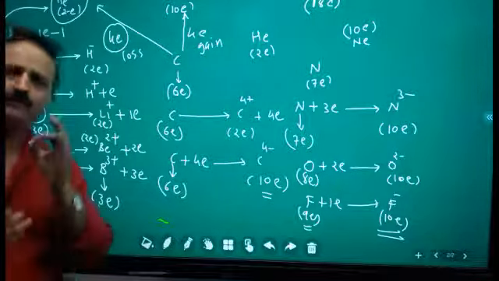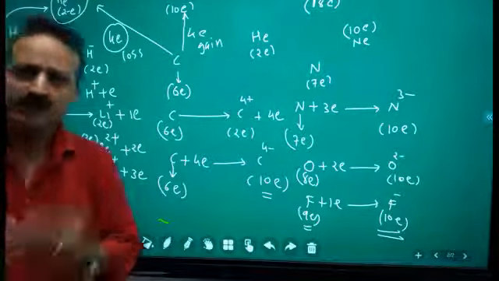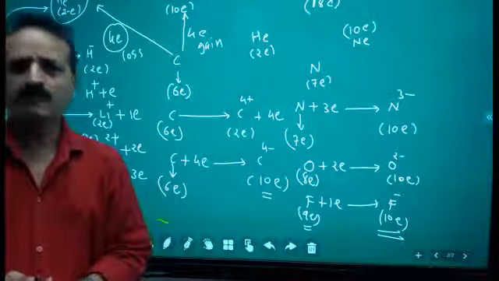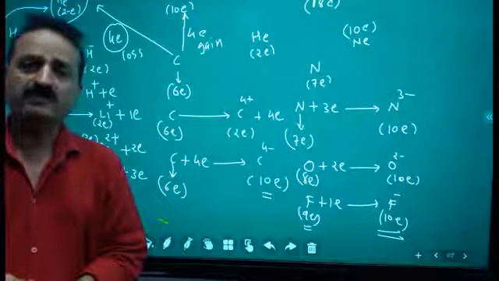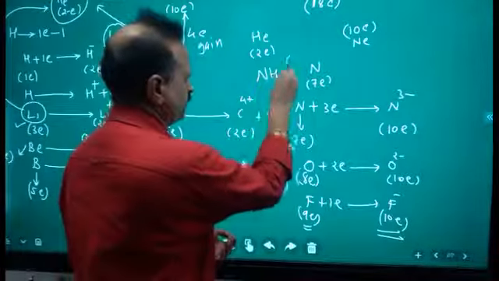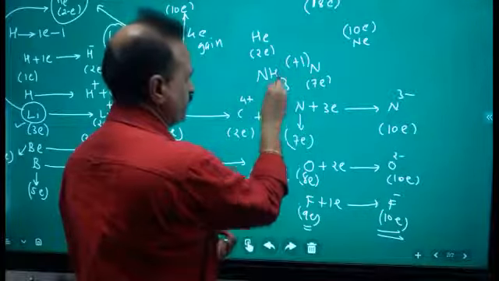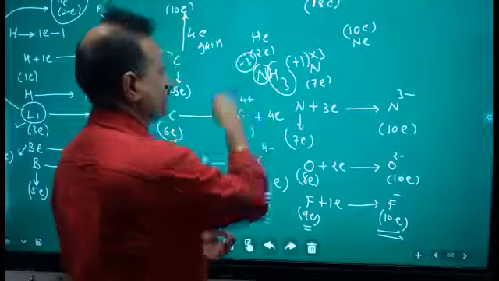So this is a very important, very interesting lecture, and then you can understand why H2SO4 is there, why NH3 is there. You can see that in NH3, hydrogen is 1 plus, 3 hydrogens means 3 plus, and nitrogen is 3 minus.